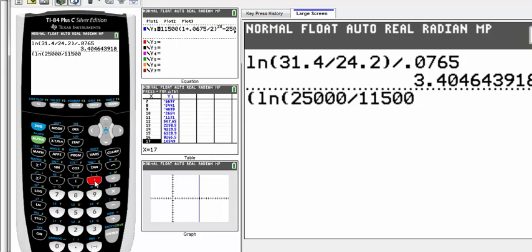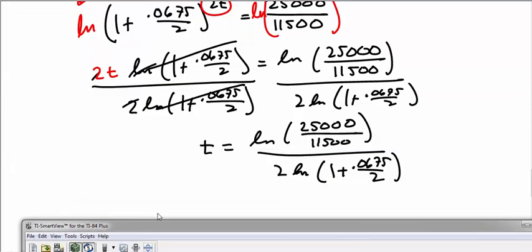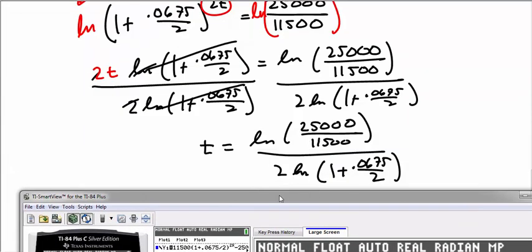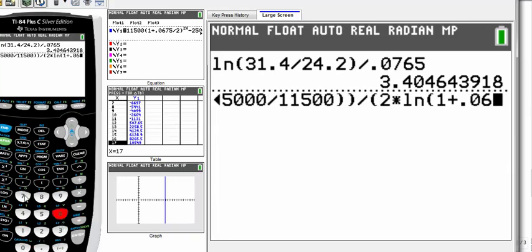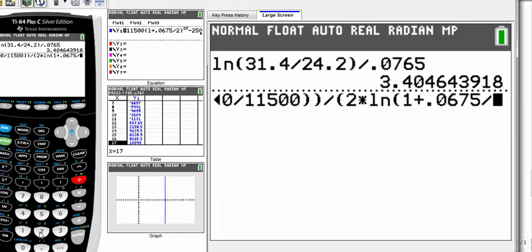So I'm closing the parentheses on the log argument, and I'm closing the parentheses on the numerator. I'm opening the parentheses on the denominator, so I have 2 times. And this is where I have my new log argument, the ln of 1.0675, etc. So I have the ln of 1 plus 0.0675 divided by 2.